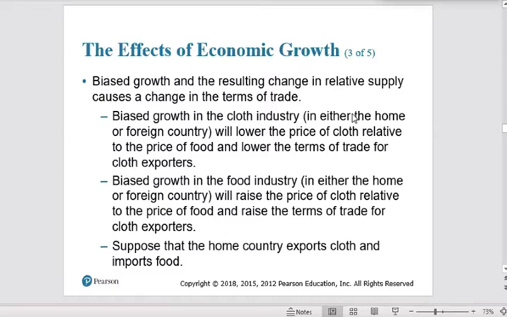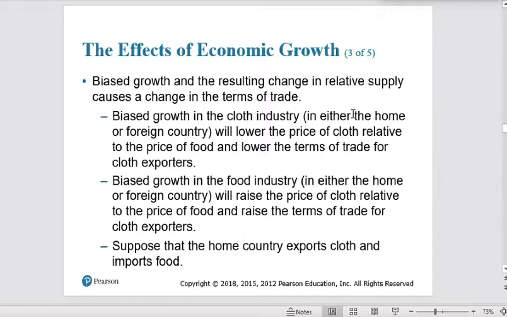Okay, so biased growth and the resulting change in relative supply cause a change in terms of trade. Let me explain this. The biased growth in the clothes industry will lower the clothes price relative to the food price and lower the terms of trade for clothes exporting. Okay?